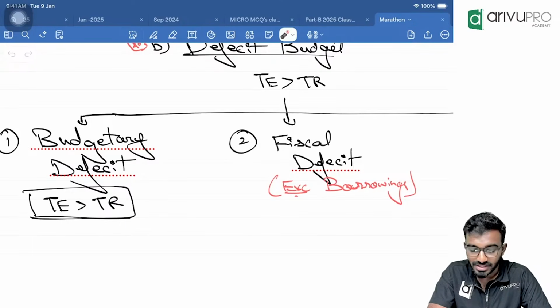Mocks from our side, yes, it will be there. Arivu will conduct it. I hope it should be already done by now. Yep. Chalo then. Let's catch up tomorrow. The last class tomorrow will be chapter 9. It will be done.